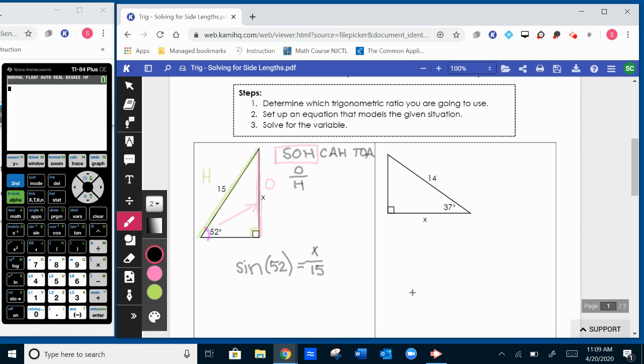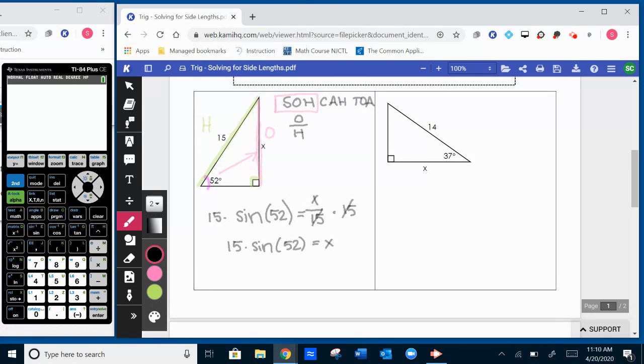So in order to get 15 out of the denominator, I want to multiply both sides by 15. That's going to cancel out. And now I'm left with 15 times the sine of 52 equals x.